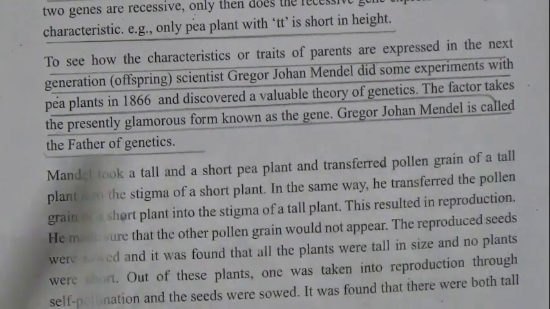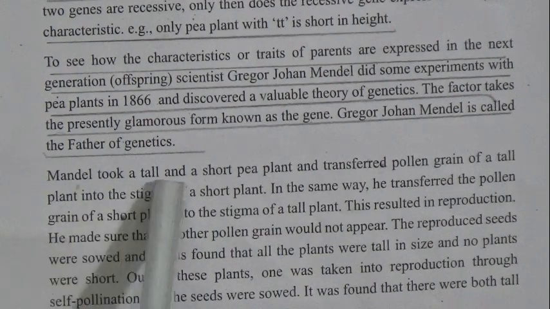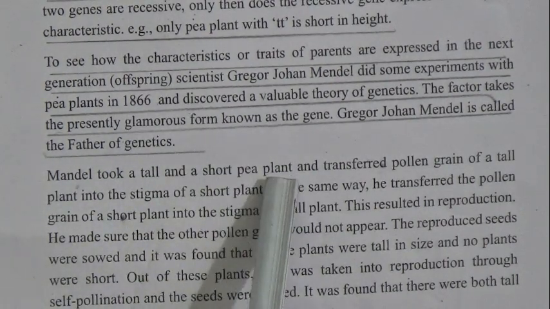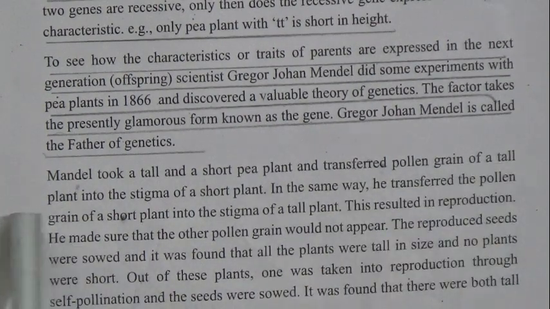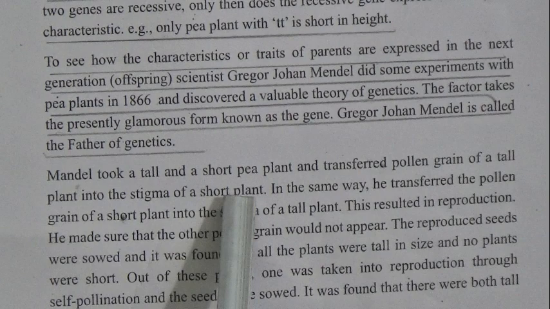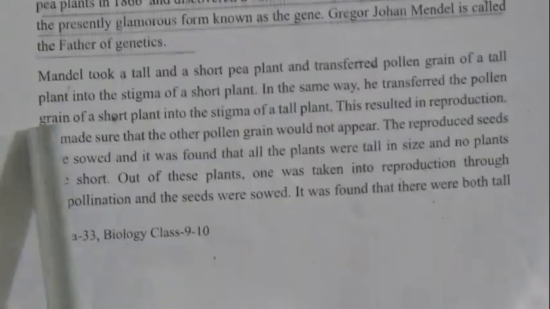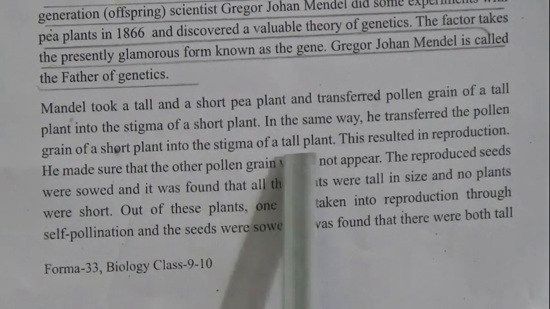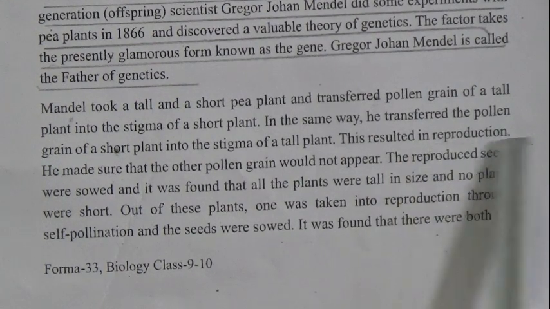Gregor Johann Mendel is called the father of genetics. Mendel took a tall and a short pea plant and transferred the pollen grain of a tall plant into the stigma of a short plant. In the same way, he transferred the pollen grain of a short plant into the stigma of a tall plant. This resulted in reproduction.